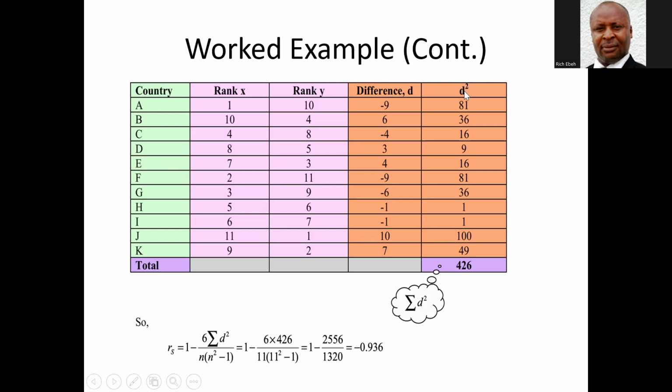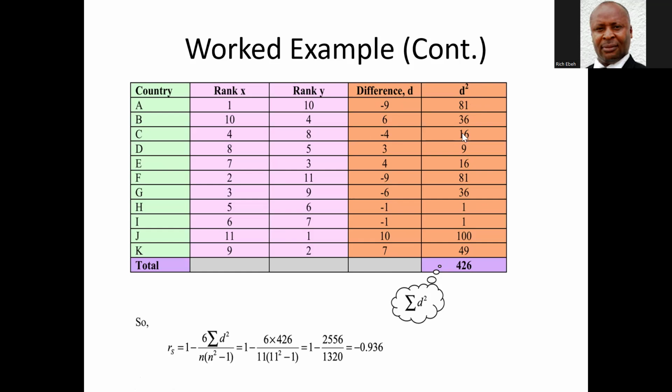Then for the square of the difference, you simply square each difference. Minus 9 squared will give you 81. Take note that minus 9 times minus 9 will yield a positive score. So minus 9 squared is 81. 6 squared will give you 36.